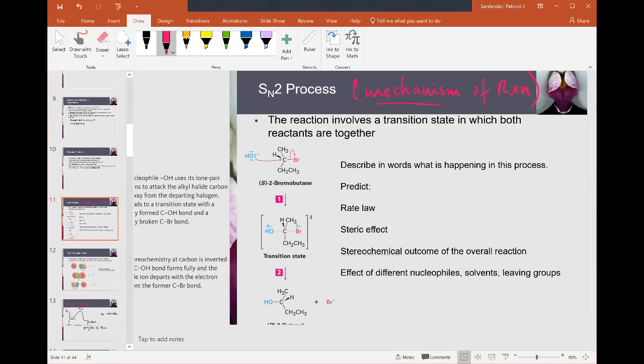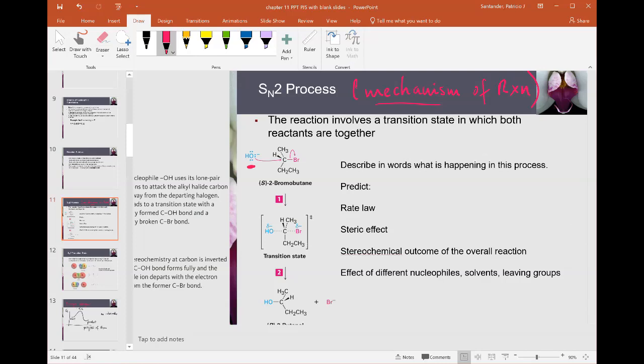So what is the mechanism for this reaction? The mechanism for the SN2 involves what we call a backside attack. Here you have the OH attacking the substrate, the 2-bromobutane, from the opposite side from where the bromine is departing. Simultaneously, at the same time that the OH is approaching the carbon atom, the bromine is departing.